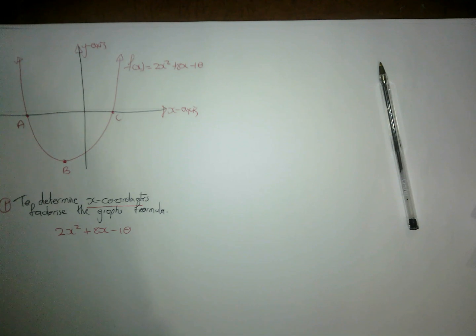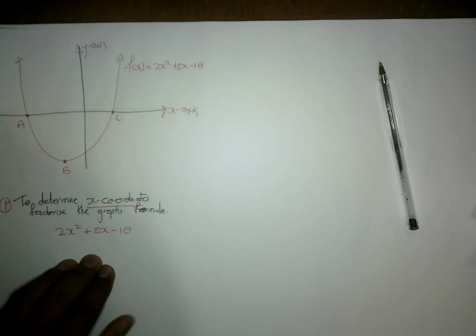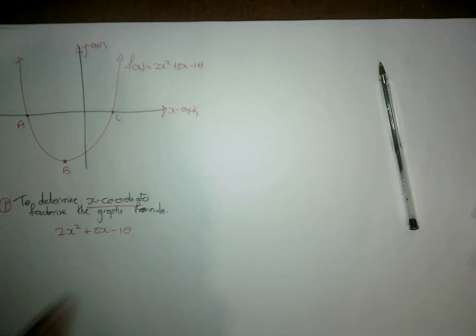How about you do this? Do you see that quadratic formula, minus b plus minus square root b squared minus 4ac over 2a? Use that formula. All you do is substitute the numbers, you get your answer.